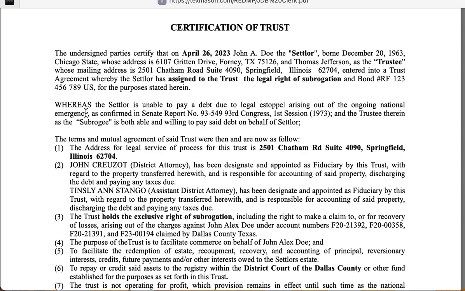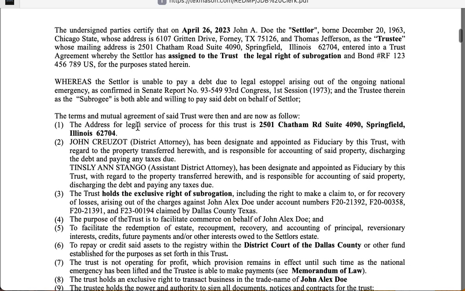The settlor is unable to pay the debt due to legal estoppel arising out of an ongoing national emergency as confirmed in the Senate report, and the trustee appointed thereunder, I have to make that read better, is both able and willing to pay the said debt on behalf of the settlor. The terms and mutual agreement of said trust were then and are now as follows. The address for legal service of process of this trust is, you name the address there.